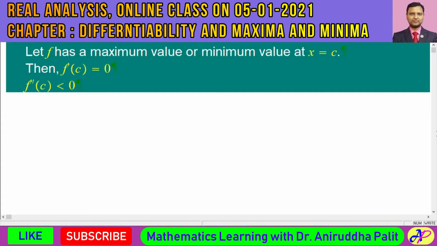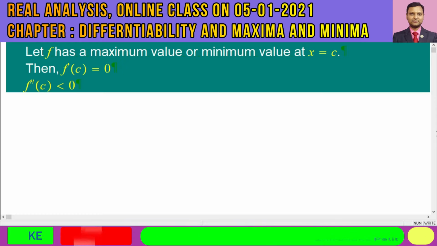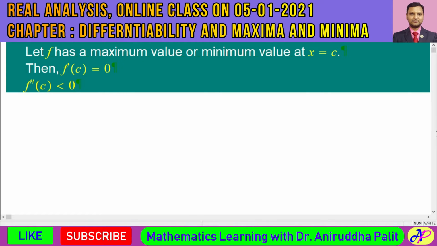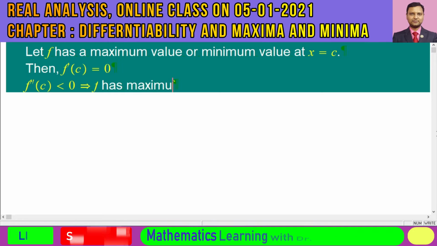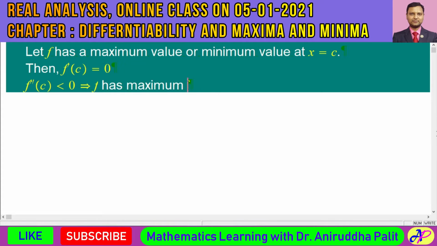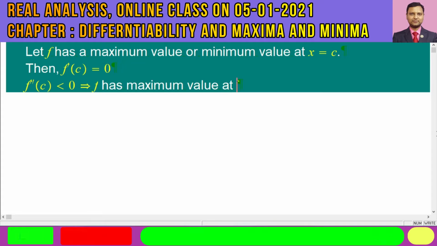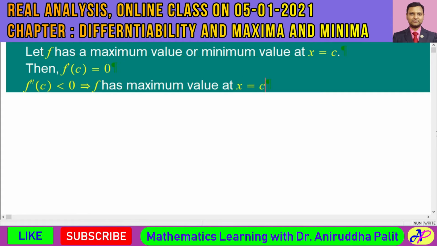That is the condition under which you generally conclude that f has a maximum value at x equal to c.